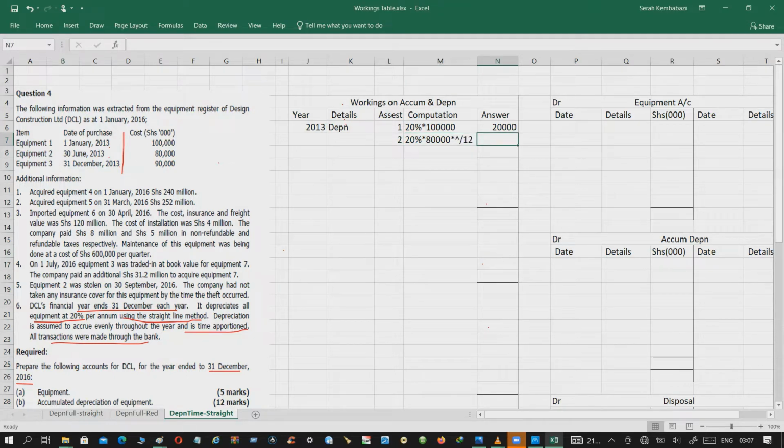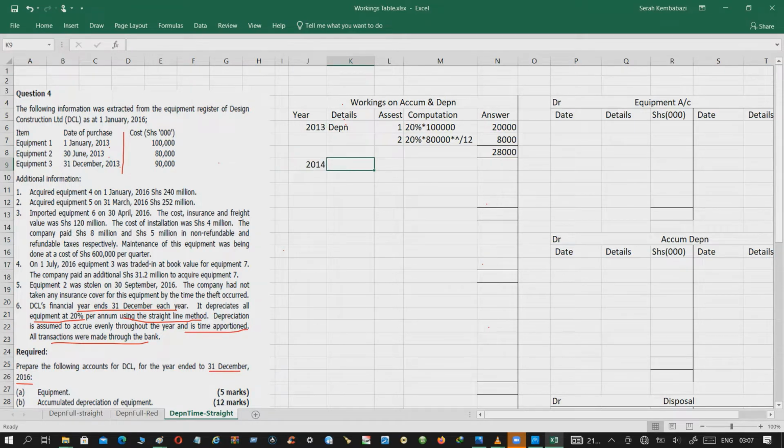Why? Because we've been with this asset in that year for only 6 months, which gives us 8,000. Then we total up. For equipment 3, we shall show the depreciation amount in 2014 because we bought it at the end of the financial year. So we'll show it in 2014.